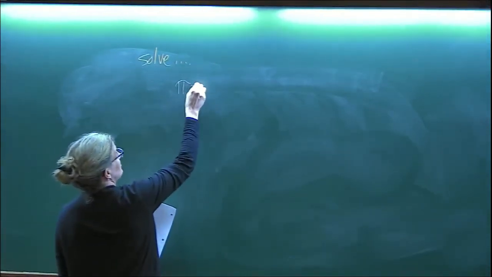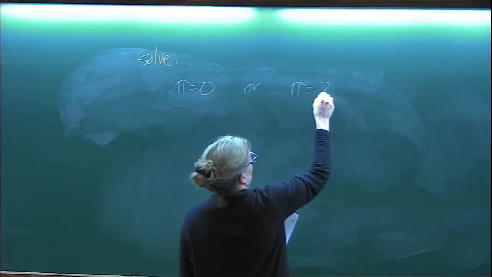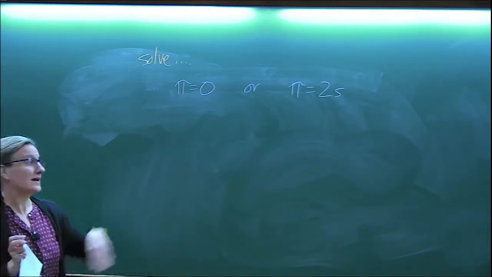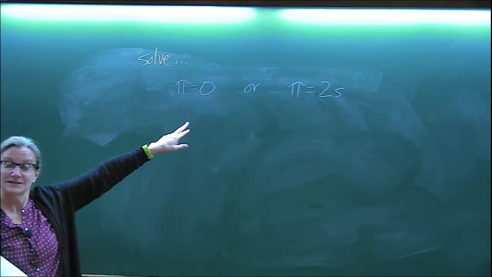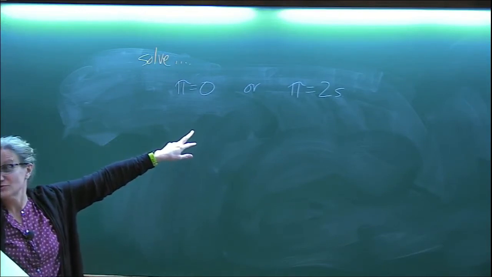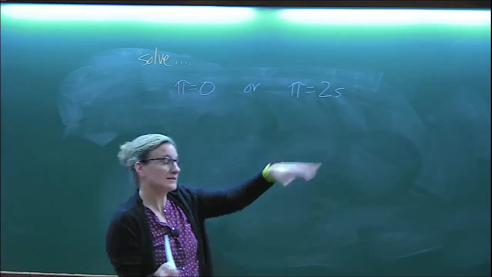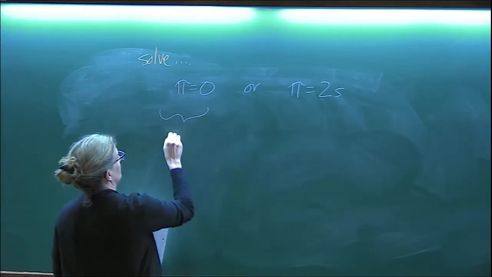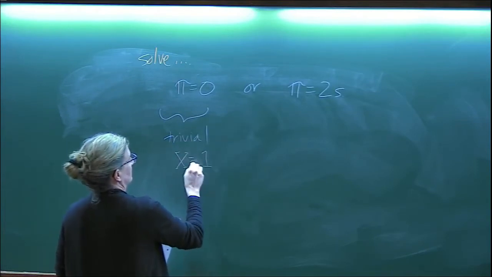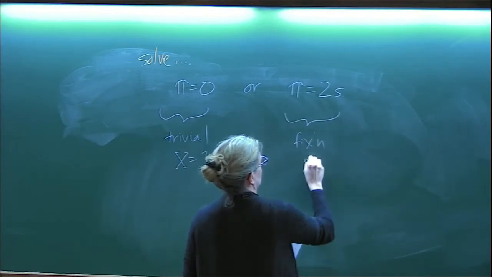So you do a tiny little bit of algebra and you get pi equals 0 or pi equals 2s. And the pi equals 0, that's just like x equals 1, right? So that's our trivial solution. We can ignore it. And this is our extinction probability. Or I should say our fixation probability.